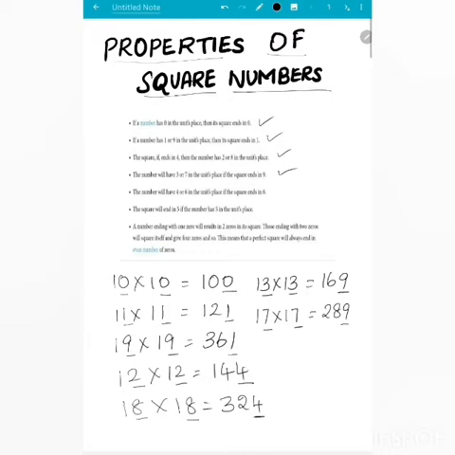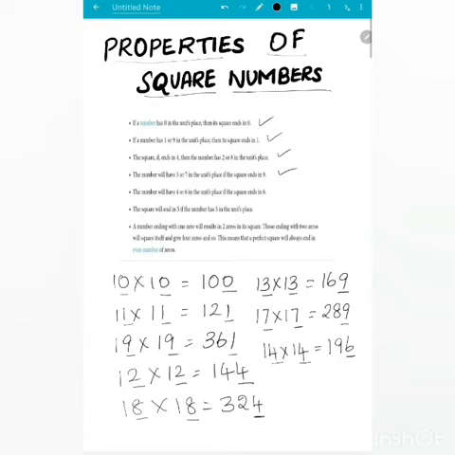Then see the next one. The number will have 4 or 6 in the units place if the square ends in 6. Let me take 14. 14 squared is nothing but 196. So if the units place is 4, the square number ends with 6.